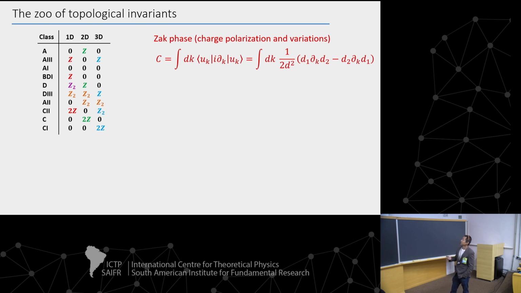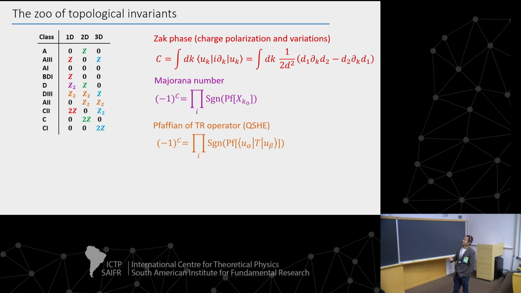Namely, it is the integration of the so-called Berry connection over the Brillouin zone. And it is shown to be related to the so-called charge polarization of the Wannier states or some variations of it. And shown in this purple, you have this 1D Majorana number that gives you the Majorana edge modes that can appear in this so-called 1D class D.